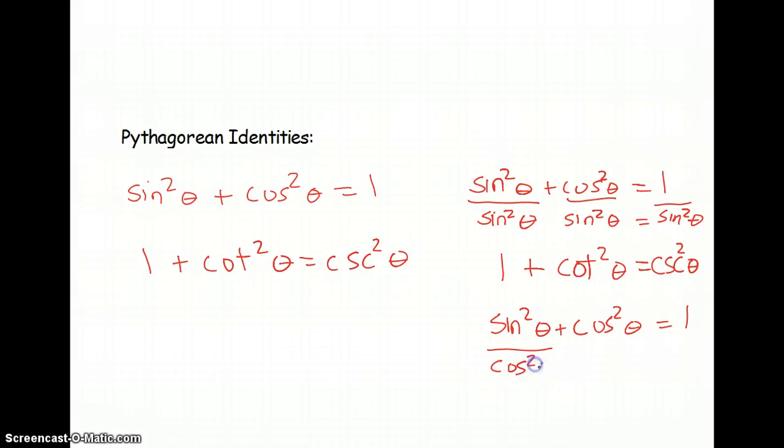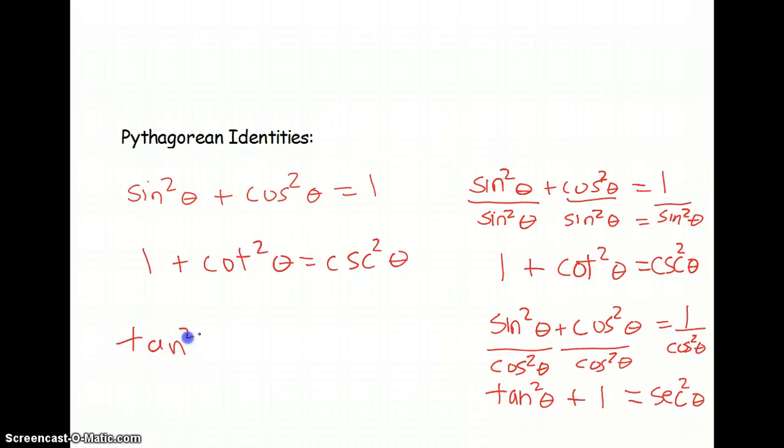So if I divided by cosine squared of theta, cosine squared of theta, and cosine squared of theta, I would end up with, well, sine squared over cosine squared of theta is going to be tangent, so this will be tangent squared of theta, and cosine over cosine, that's going to be plus 1, equals 1 over cosine squared of theta, that's going to be secant squared of theta. So my third Pythagorean identity is tangent squared of theta plus 1 equals secant squared of theta.